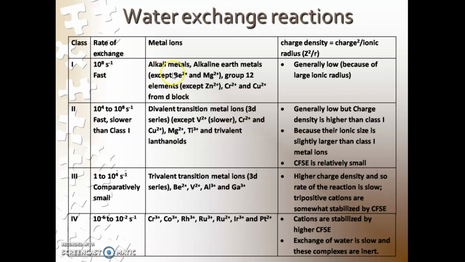And not only that, when there is no CFSE, that is for alkali and alkaline earth metals, where there is an absence of d orbitals, then the rate of exchange reaction is mostly controlled by the charge density.